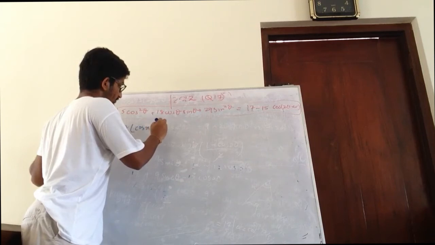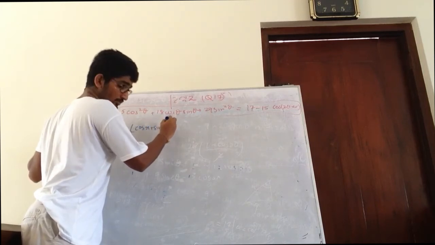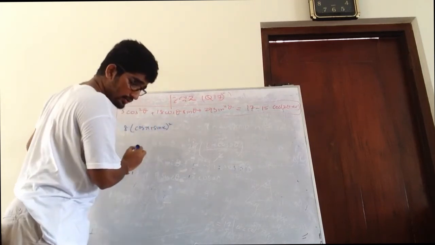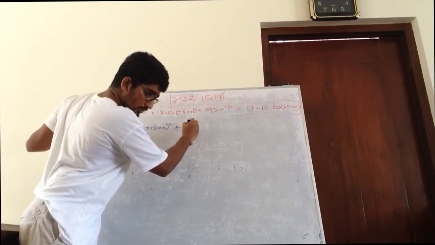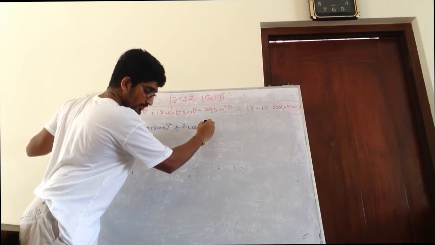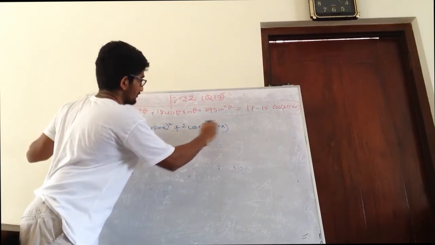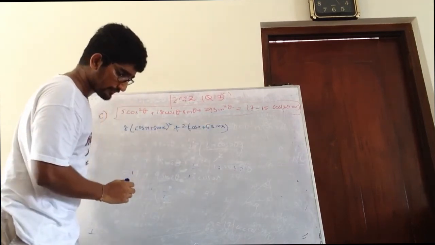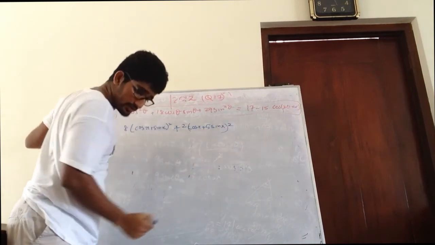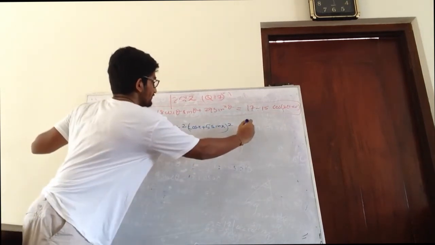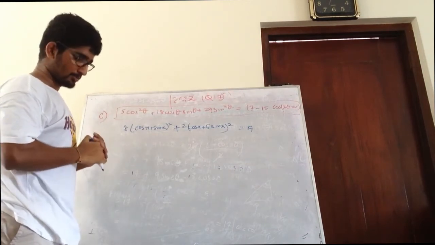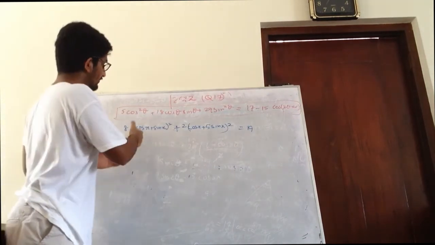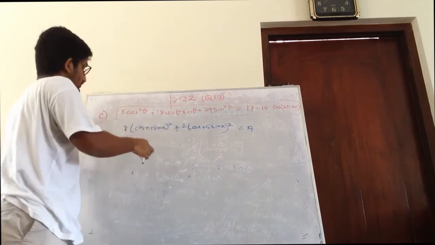Cos x plus sin x square plus 2 cos x plus 5 sin x square is equal to 9. Correct? So what I'm going to do is expand this now.